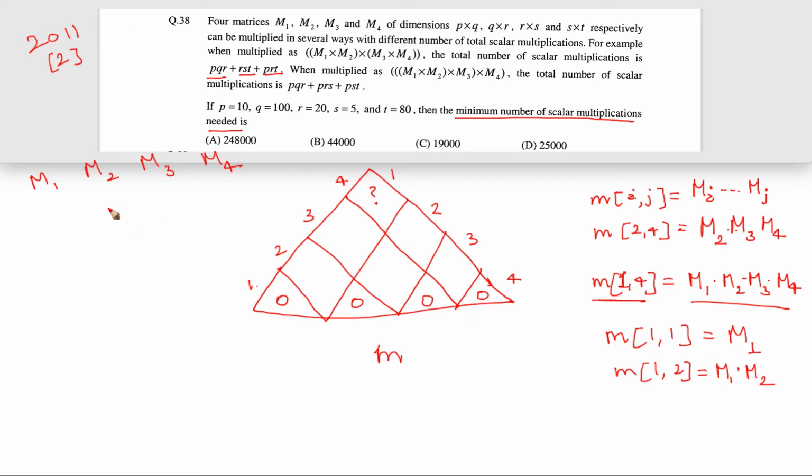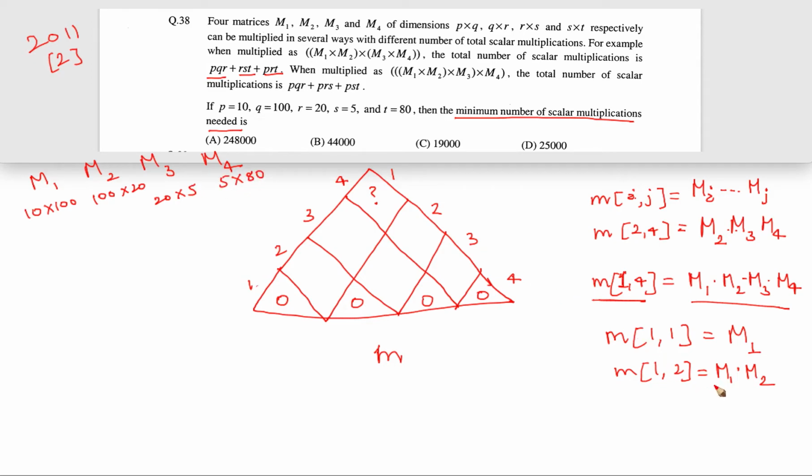Let's write all the dimensions. This is 10 cross 100. Understand why? Because it is P cross Q, and P is 10 and Q is 100. Similarly you can write all the values: 100 cross 20, then 20 cross 5, and this is 5 cross 80.